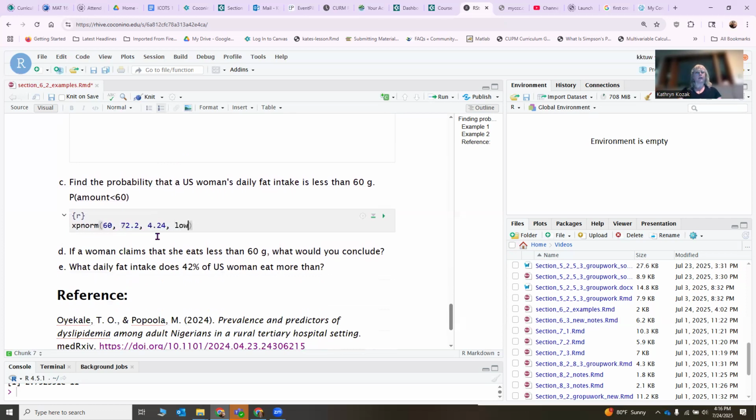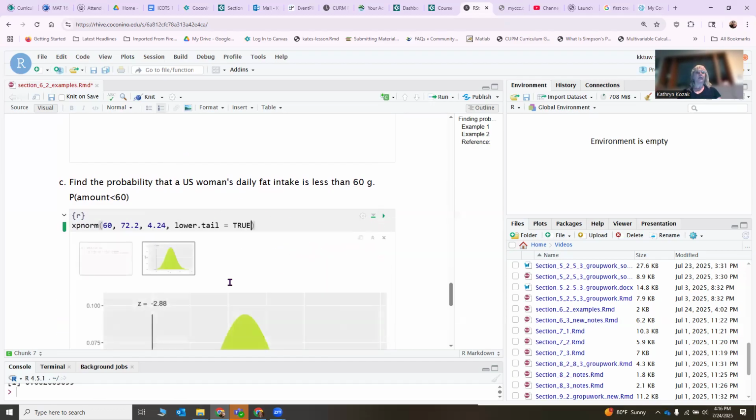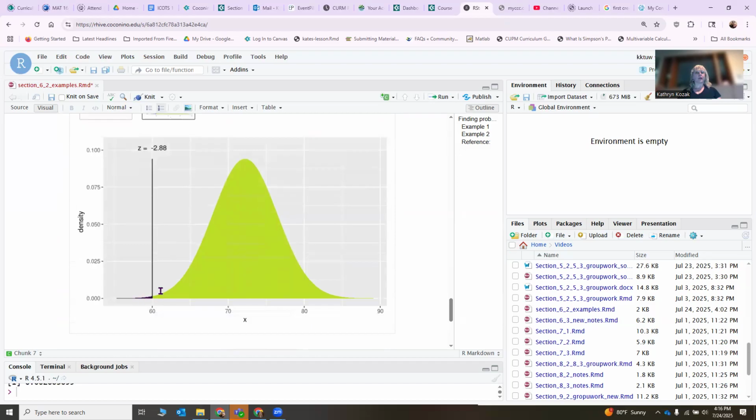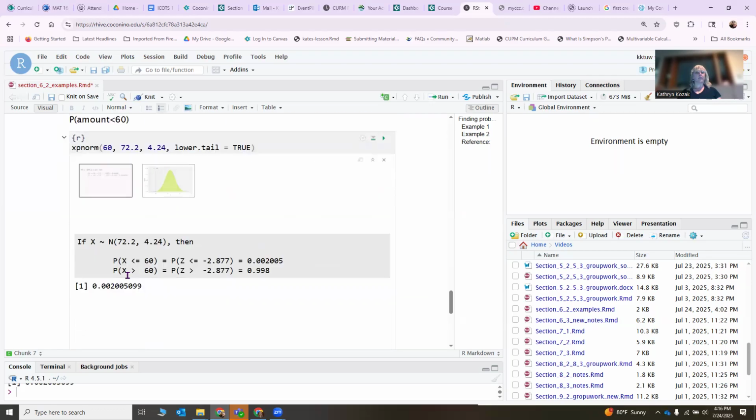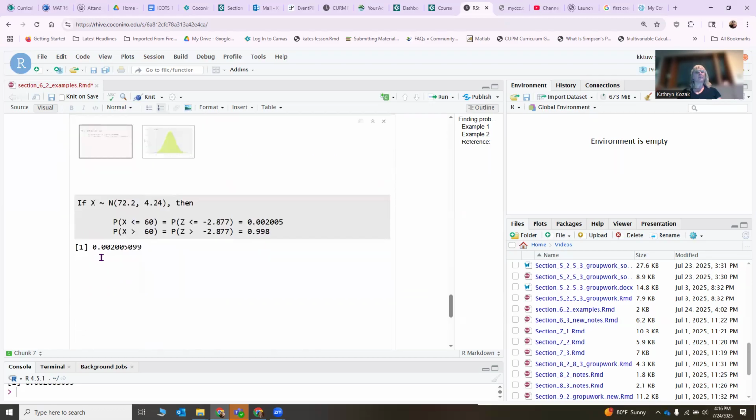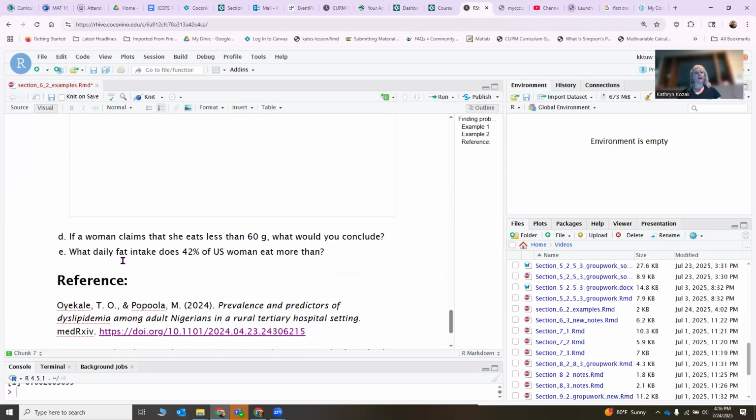And then my lower dot tail is equal to true in this case, because we're saying we're less than. So we're in that lower tail. We're actually down here. Again, the graph will kind of show us this. You can see where that probability is. It's small. It's pretty small. It's not as small as the other one, but it's pretty small.